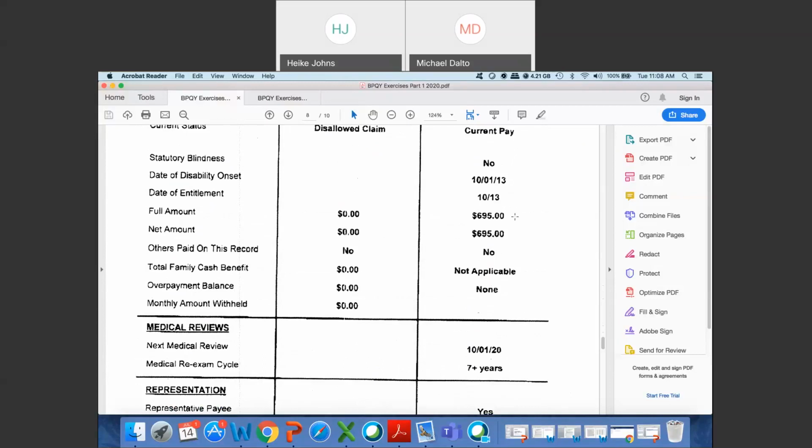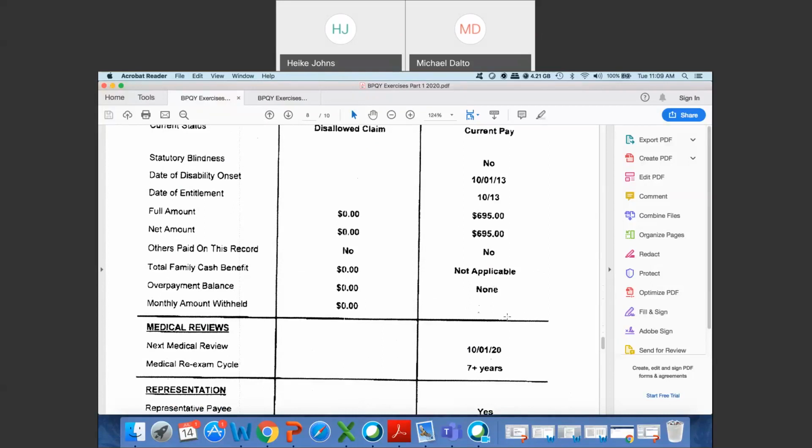So that gives us a clue. There's got to be a reason that this person is receiving less than $733 a month. Well, we know it's not an overpayment because the BPQY says overpayment balance is none.